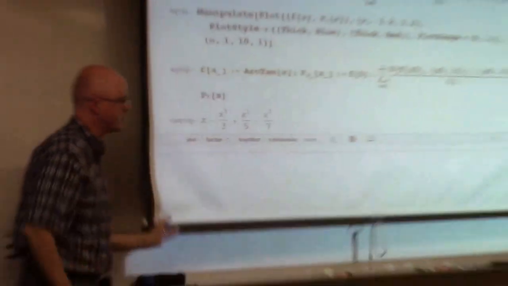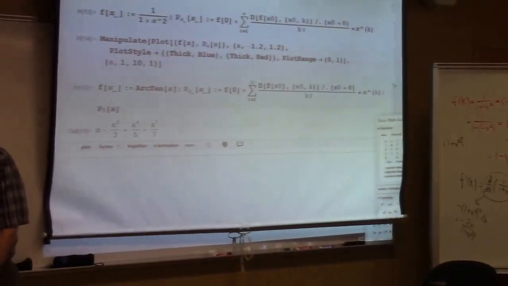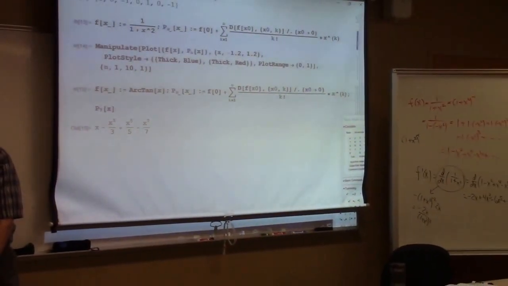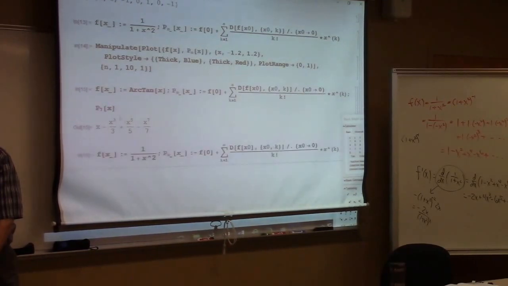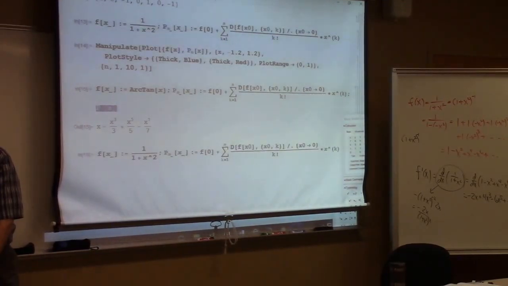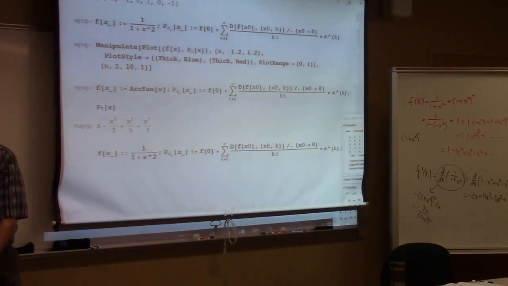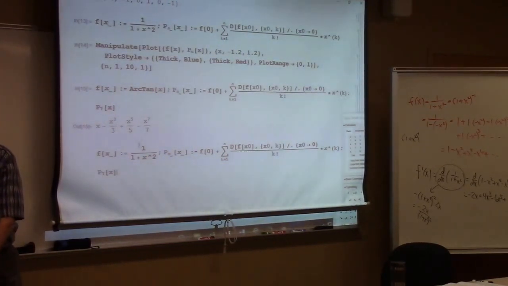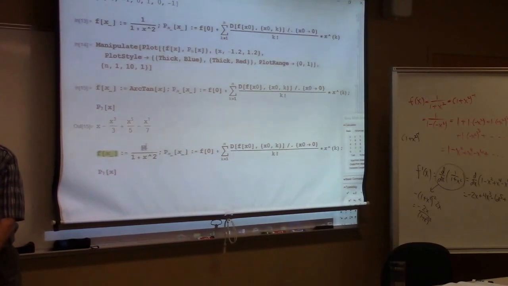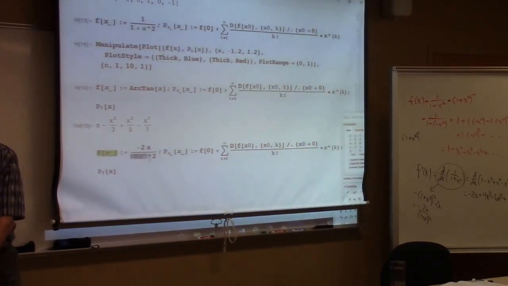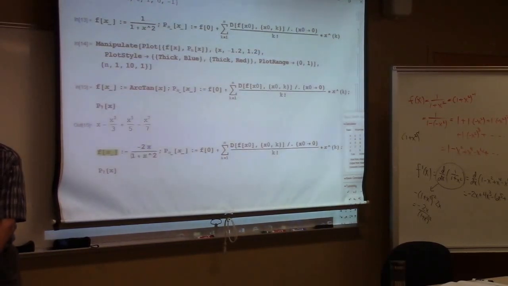And how about that other function over there? Let's see. Where I differentiated term by term, I make a negative 2x up here, and make the 1 over 1 plus x squared be squared.